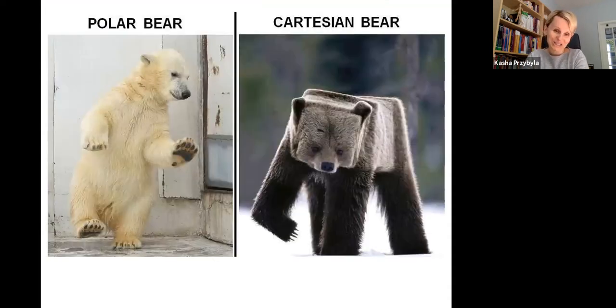I can show you this. Here we can see Cartesian. I found this picture many years ago, but I love this picture. This is the Cartesian bear, poor bear, of course. Everything is right angle, right? We can put some points and find the corresponding coordinates.